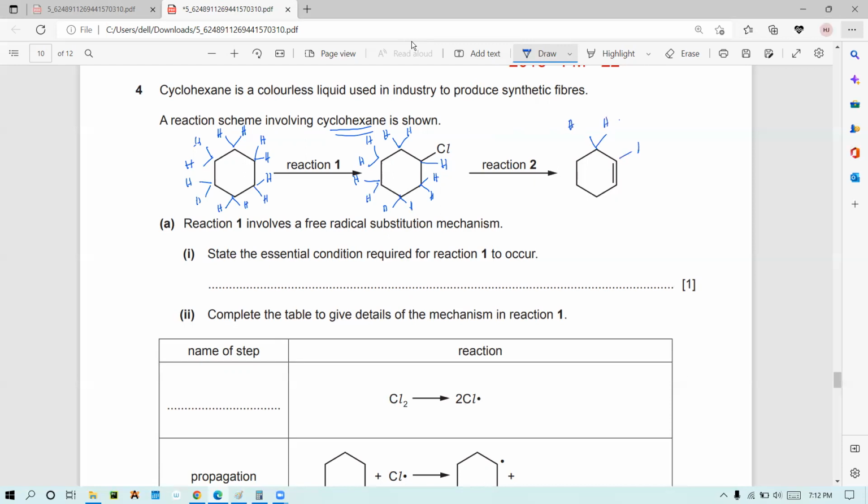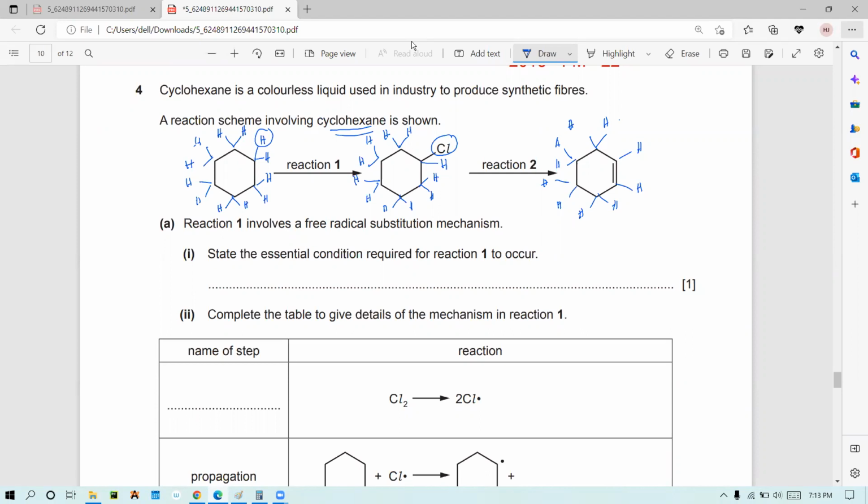Here there's one hydrogen. Here there's one hydrogen. In all the other carbon atoms, there should be 2 hydrogen each. All right, now there's a clearer picture about what's happening. In reaction 1, you can see 1 hydrogen is getting substituted by chlorine. In the other one, an elimination reaction has happened, an alkene elimination reaction.